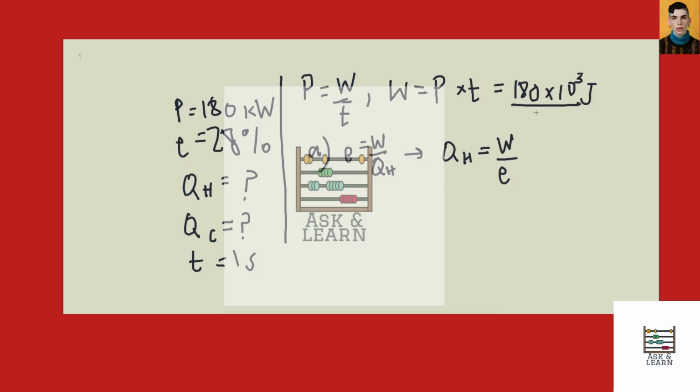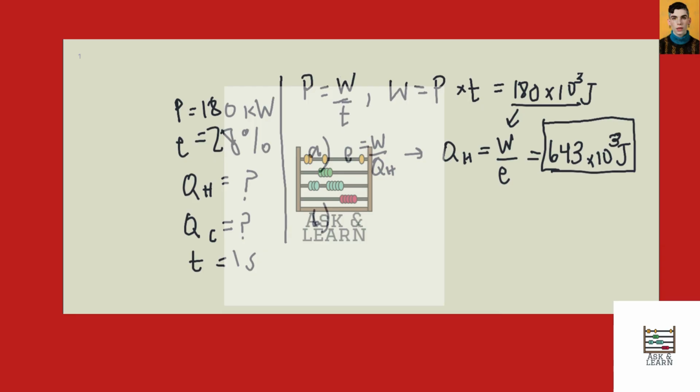Here's our work, and our efficiency is listed over here. If you put this into a calculator, hopefully you get the same thing I did, 643 times 10 to the third joules. Yay, and I had room for it. And a box. So I'll go ahead and box that answer.